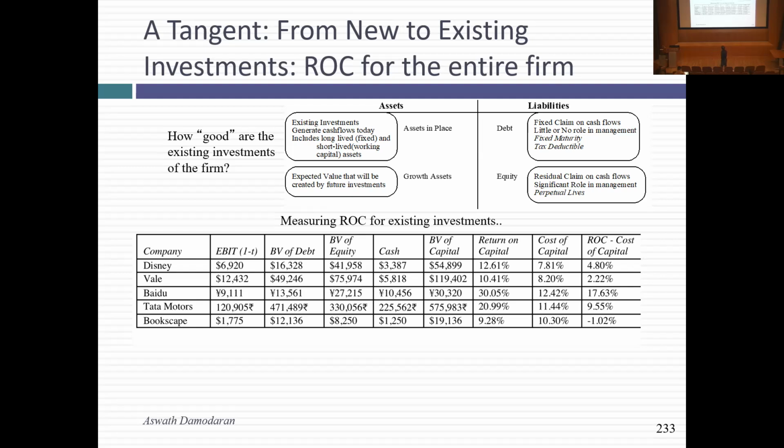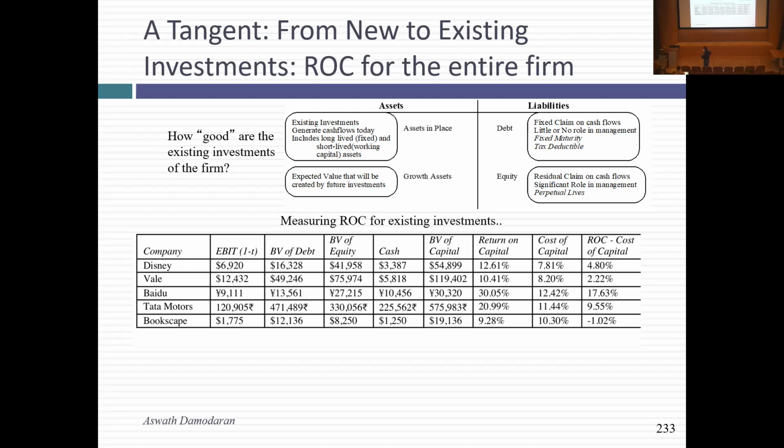In the case of Disney, that invested capital was $54.9 billion. You divide the after-tax operating income by the book value of capital, you come up with a return on capital of 12.61%. With all the caveats about this being an accounting number and based on 1 year's earnings, if I believe that number, here's what I can do. I can take the 12.61% and say that's what Disney is making on its existing projects.